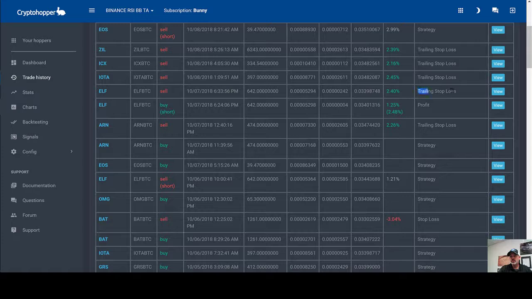So that is an actual live trade of how the short feature of CryptoHopper did function and actually get us a profit.